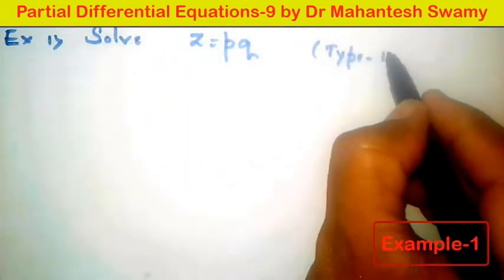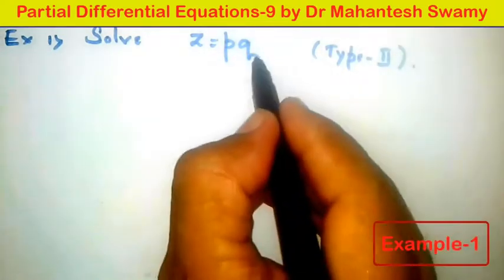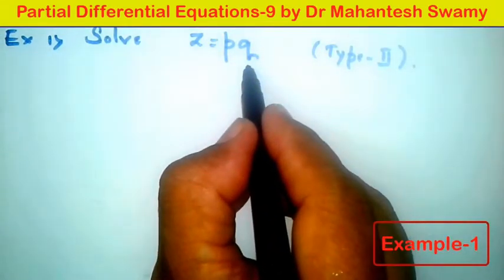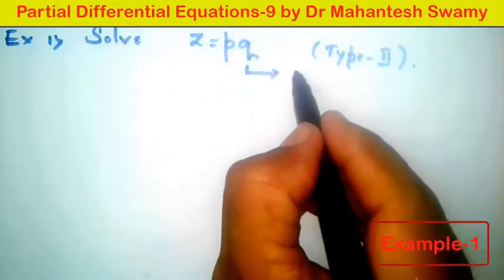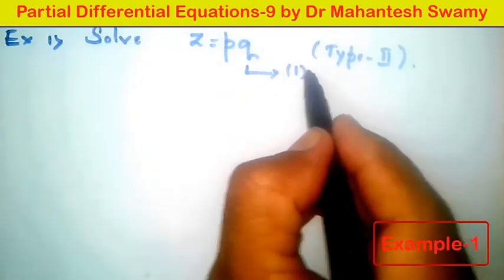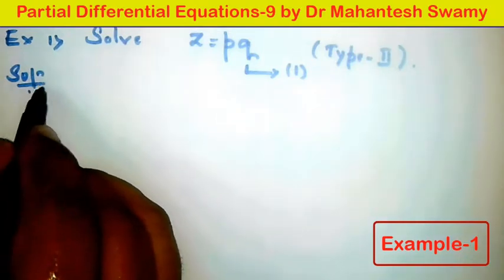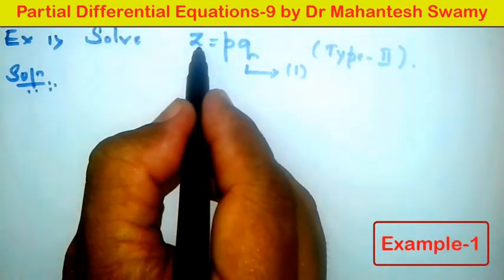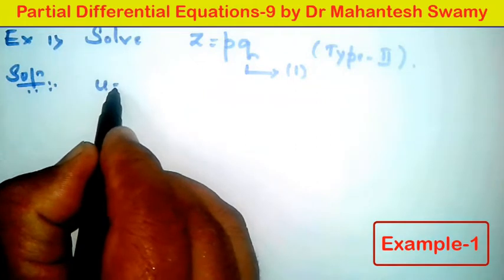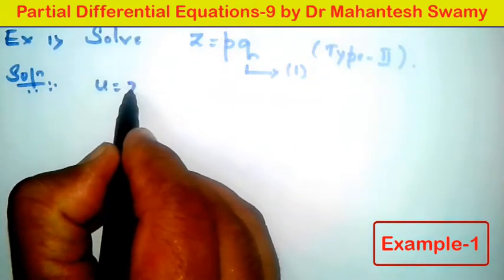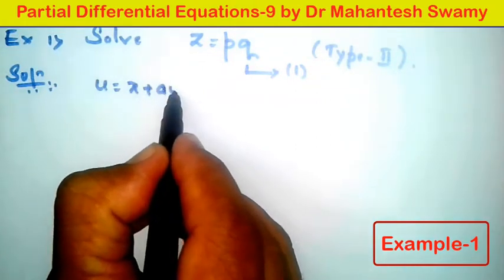We have to first identify this fact regarding the given PDE, and then call the given PDE equation number 1. Now, as per the procedure of solution, we consider u equal to x plus ay as the substitution.